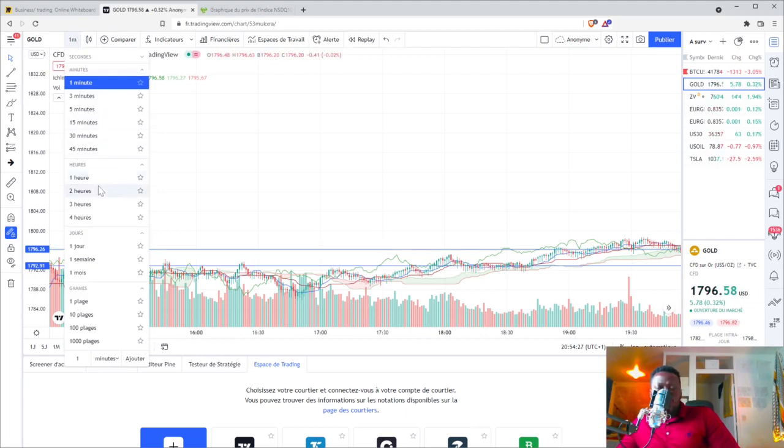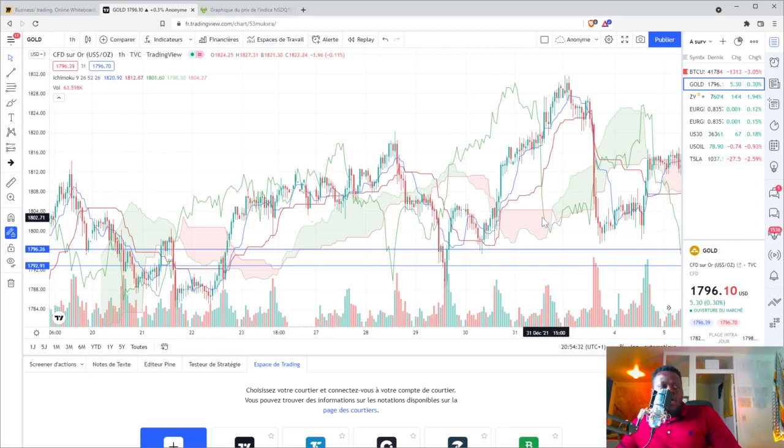And I can change the time frame, and you always see a very strong resistance over there, or support. You can use Ichimoku to see where the stronger support and resistance are. You just need to change your time frame. The bigger the time frame, the stronger the support and resistance, as you can see.